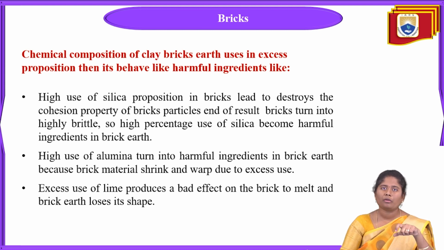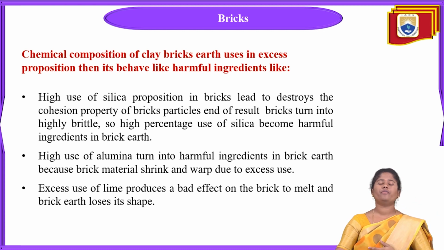In this part, we are going to study that. The ingredients of clay bricks, if used in excess proportion, behave like harmful ingredients. Okay. If you add an excess amount of these ingredients in the bricks, what are the harmful effects? We are going to study that.